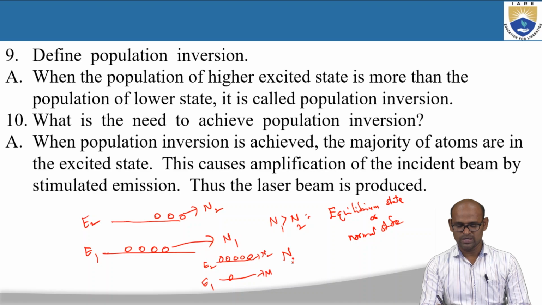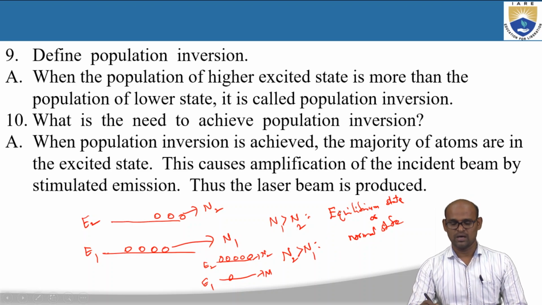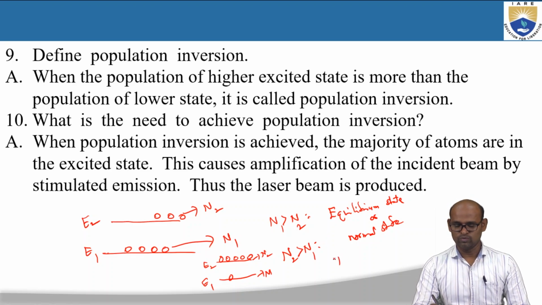So N2 is greater than N1. When the number of atoms in the excited state is more compared to the number of atoms in the ground state or lower energy level, that is called population inversion, or inverted state.